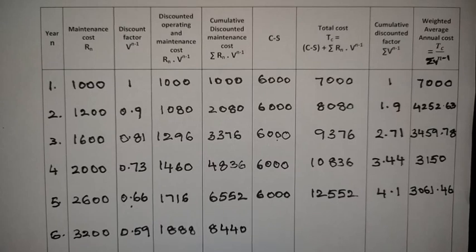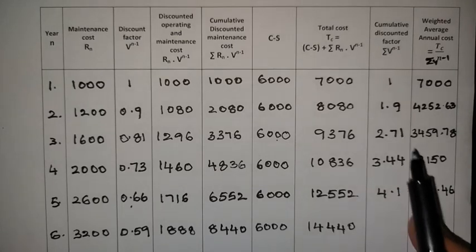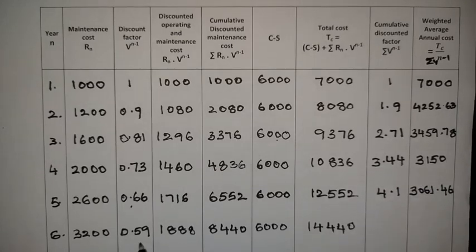Next, sigma value means 6552 plus 1888, we will get 8440. Next, C minus S is 6000 rupees. Next, total cost 6000 plus 8440, so 14440. Next, sigma v power n minus 1, so 4.1 plus 0.59, we will get 4.69.